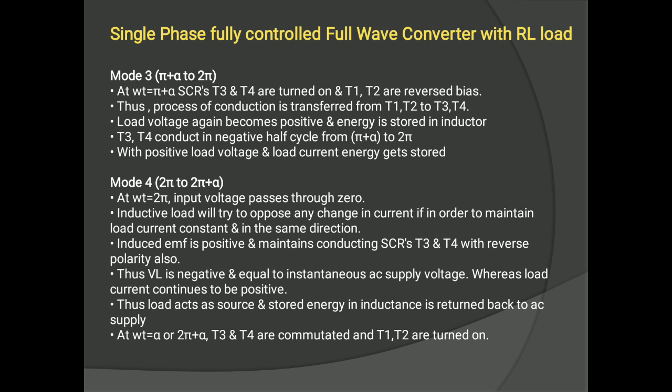So VL is negative and equals the supply voltage, while the load current continues to be positive. Thus, the load acts as a source and the energy stored in the inductance is returned back to the AC supply. At omega t equals 2 pi plus alpha, T3 and T4 are commutated and T1 and T2 are turned on.